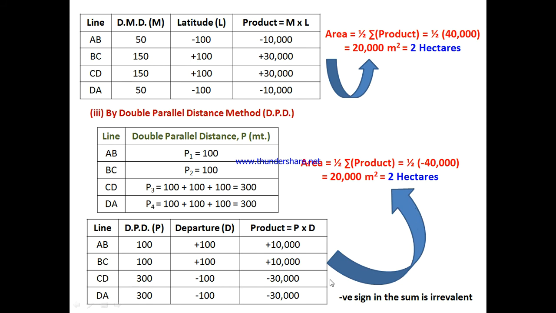Because now you can see here we are getting minus 60,000 plus 20,000, minus 40,000 in total as an algebraic sum, but the negative sign of the summation for the area has no relevance, so we are just ignoring that negative sign. So the area is coming as half the product, which will be equal to 2 hectares.